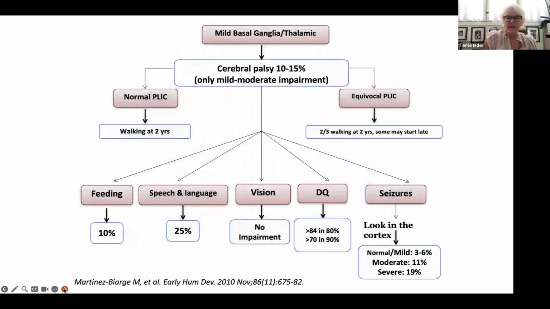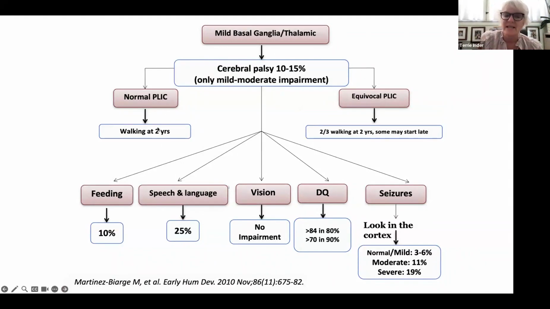What does this all mean? Again, this is a beautiful review article that came out of the largest series of these babies that's been followed in the United Kingdom. And these are the babies that just had that one spot or dot, those mild basal ganglia injury kids. And these are the kids that are often, unfortunately, missed if someone isn't really looking carefully in this region. They still have a not insignificant risk of having motor impairment, but it's often in the milder range.